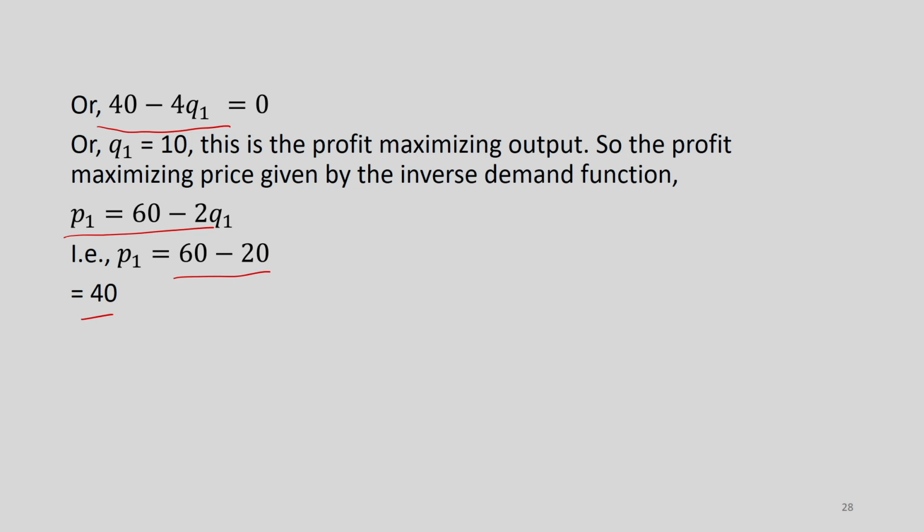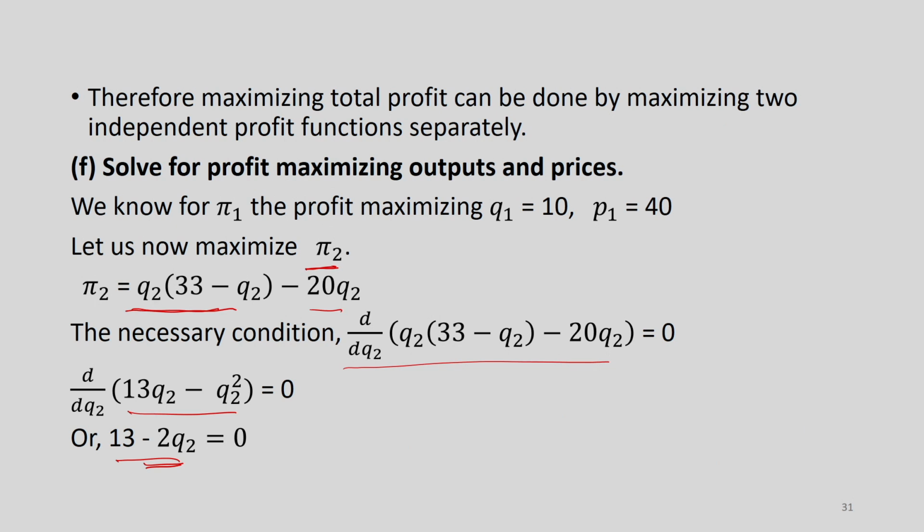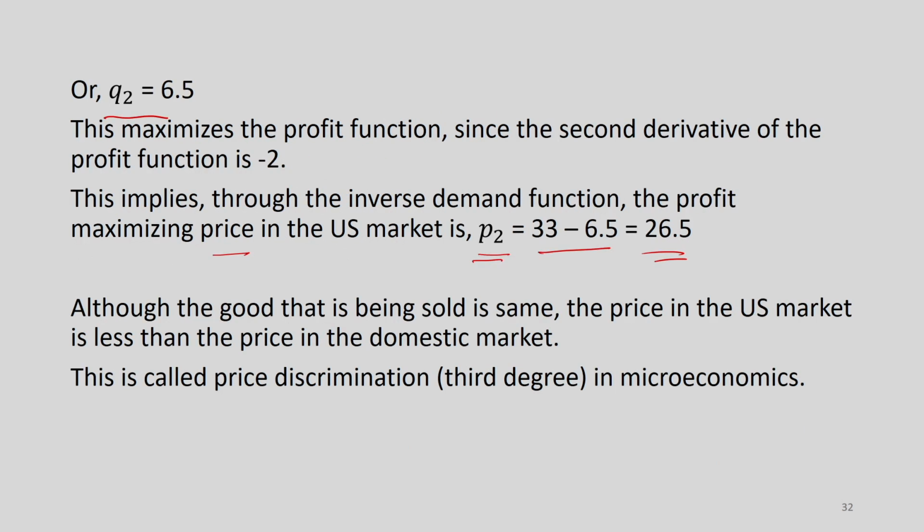So, there is a gap between the price that is being charged for the good in the domestic market, which is a high price, and the price that is charged in the US market, right, P2. Although the good is just the same, the producer, while maximizing the profit, is charging different prices in different markets. This phenomenon is called price discrimination. It is the price discrimination of the third degree in microeconomics.